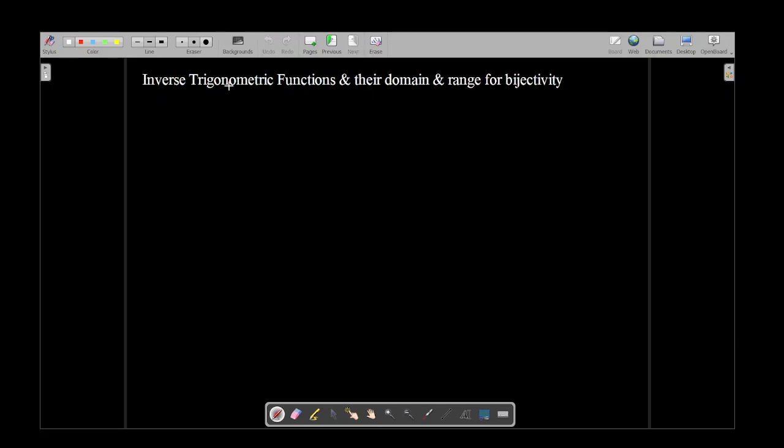inverse trigonometric functions. So what I do is write the inverse trigonometric function, its domain, its codomain or range. We follow the same thing here also.